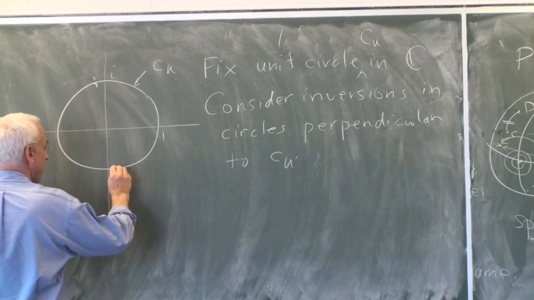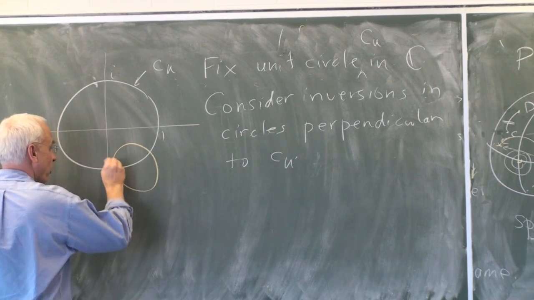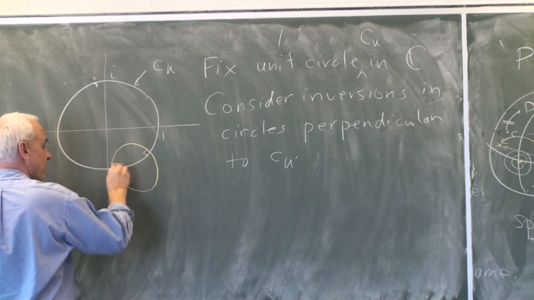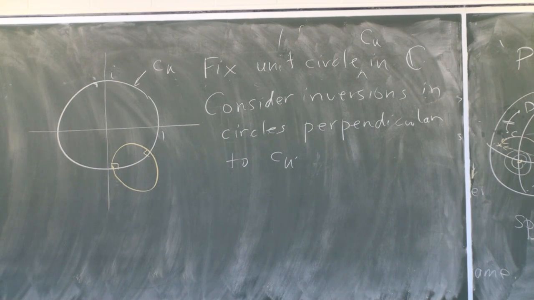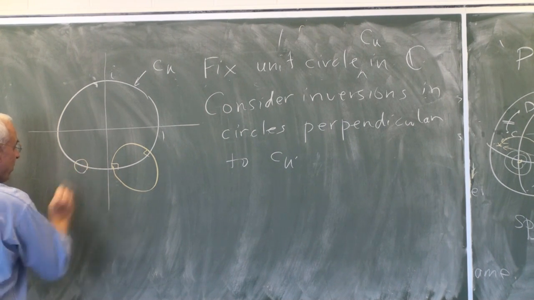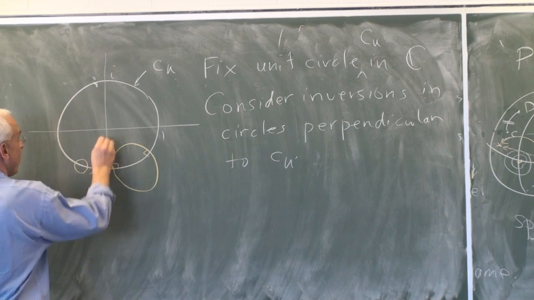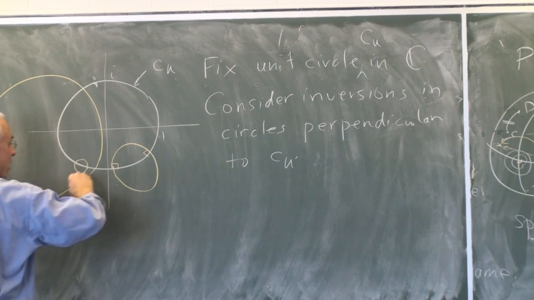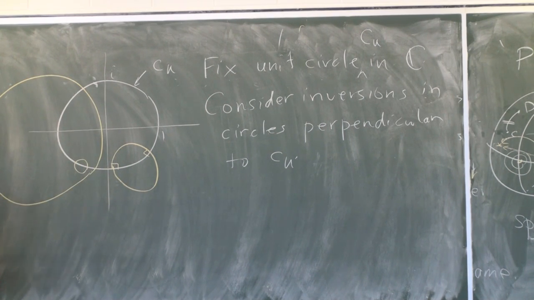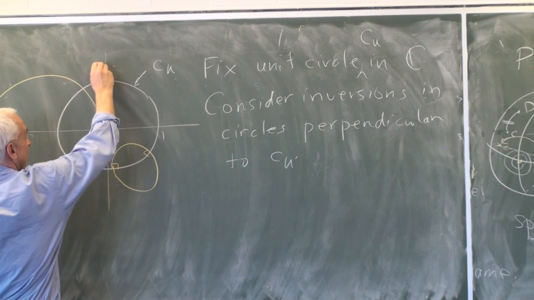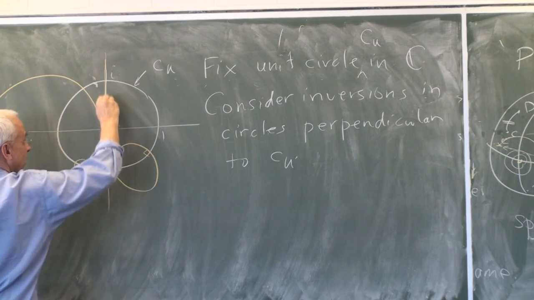Okay, so what does that look like? I'm talking about a circle which meets our unit circle perpendicularly. So that would be one example. That would be a smaller example. A bigger example would be this one. And another example would be this one.